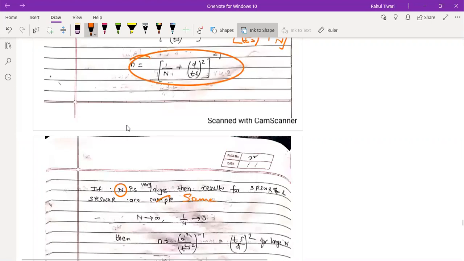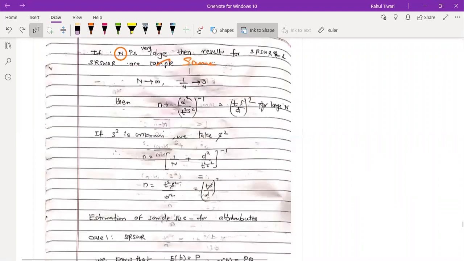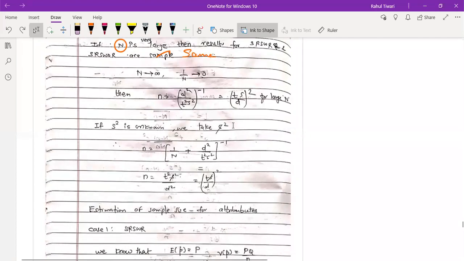If capital N is large, you can see this quantity goes away. This quantity becomes 0, and hence it turns out to be this quantity, and this is same as your SRSWR.